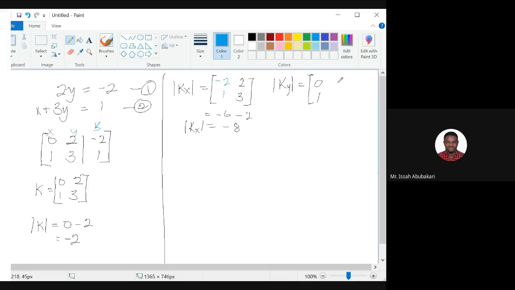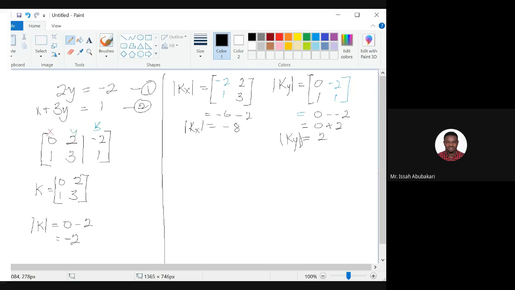So we write b in place of y, 2 and then 1. Then we find the determinant of this one. So the determinant is 0 times 1, which is 0. Minus 1 times minus 1 is minus 2. So 0 plus 2, and our answer is 2. That is the determinant of Ky.